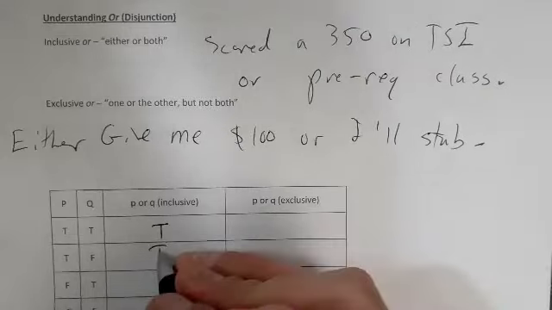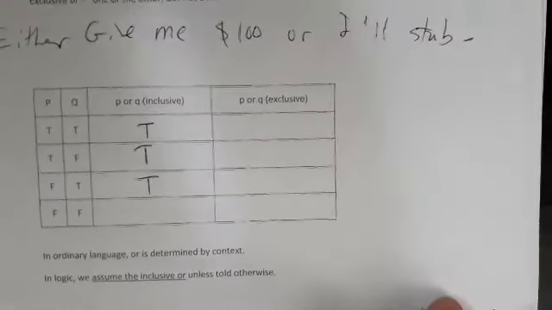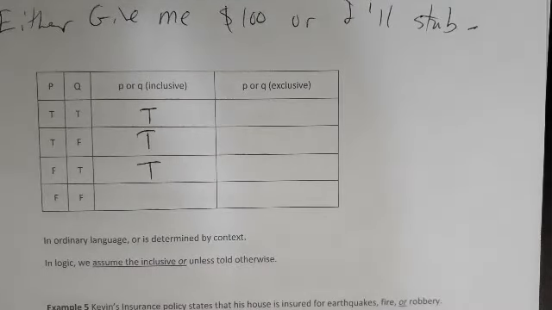If you just passed a prerequisite, this statement remains true. If you didn't do either one of those, if you did not score 350 on your TSI or pass a prerequisite class, did you score 350 on your TSI or pass a prereq? No, you did not.